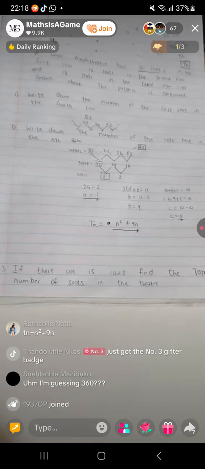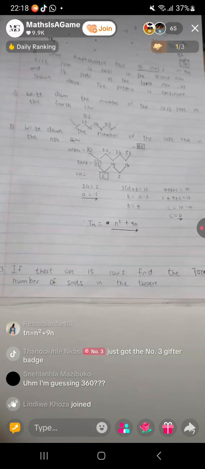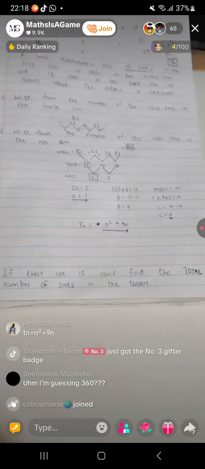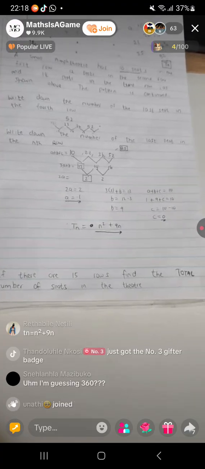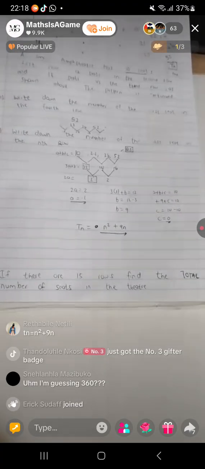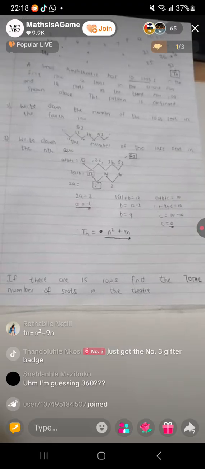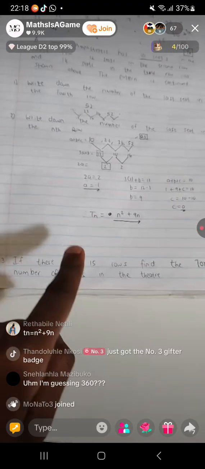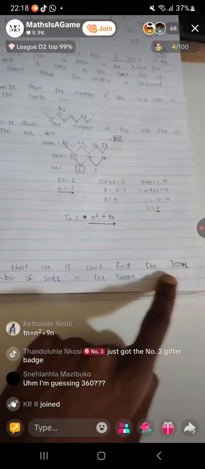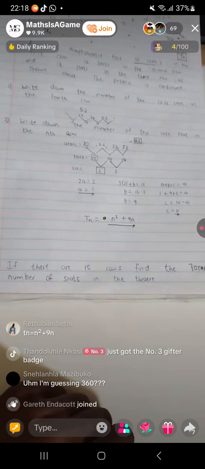Ritabile says Tn is equal to n squared plus 9n. Okay, so I'm guessing that's the answer that was previously given for the previous question. Snetlandla is the only one that has guessed as to what the answer is for the question that I have there: if there are 15 rows, find the total number of seats in the theater.